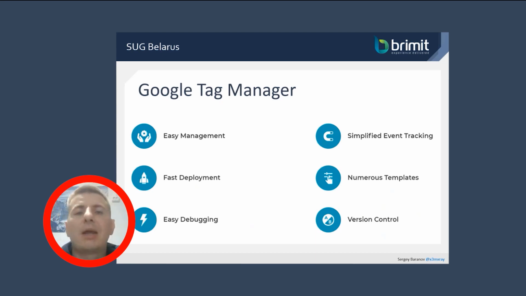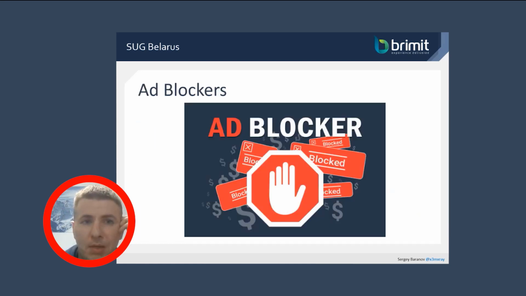And of course, there are a lot of benefits of Google Tag Manager, and they're obvious, like easy management and fast deployment. You don't even need to engage developers if you need, for example, to add something new to the website or your application. But let's talk about the disadvantages of Google Tag Manager because they are quite significant. Of course, the main problem of Google Tag Manager and Google Analytics is ad blockers.